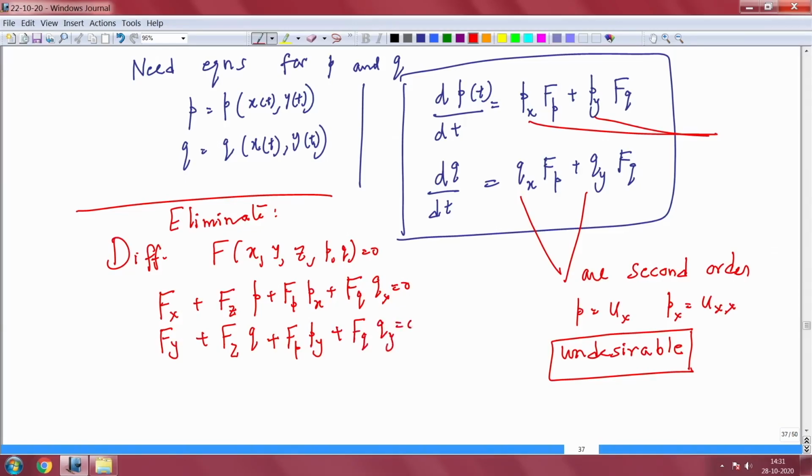So you have to eliminate 4 quantities px, py, qx, qy. You got 4 equations, but you need one more equation, and you can easily check that it is true.